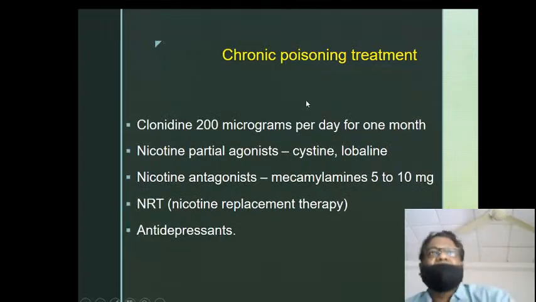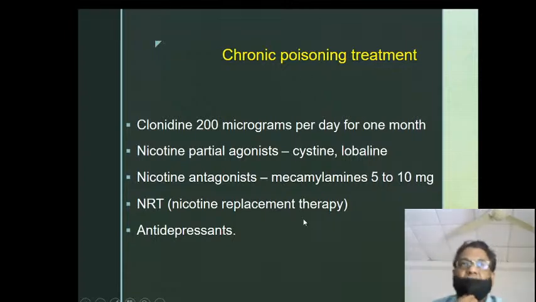Coming to the chronic poisoning cases, we can give clonidine 200 micrograms per day for 1 month, and we can also give nicotine partial agonists like cytisine and lobeline, and a nicotine antagonist like mecamylamine 5 to 10 milligrams, and nicotine replacement therapy.